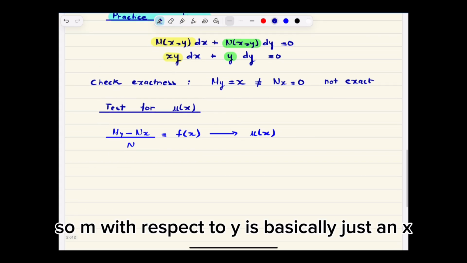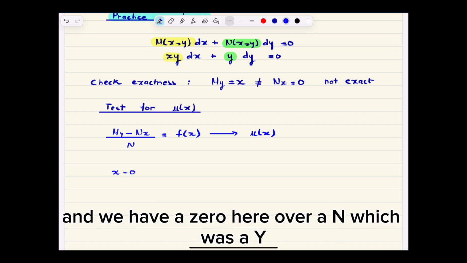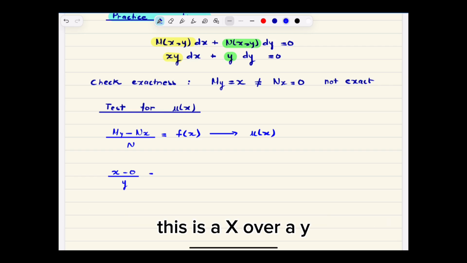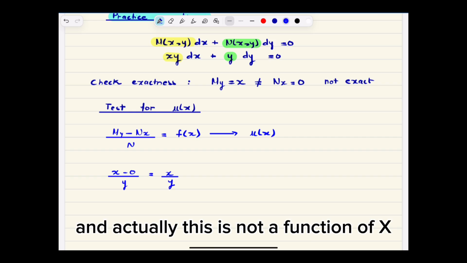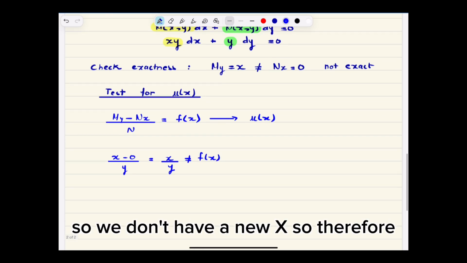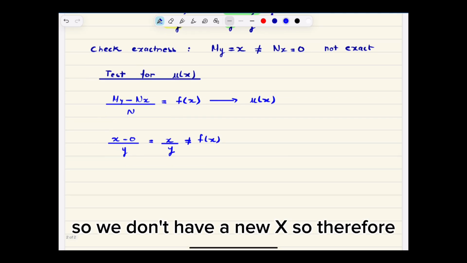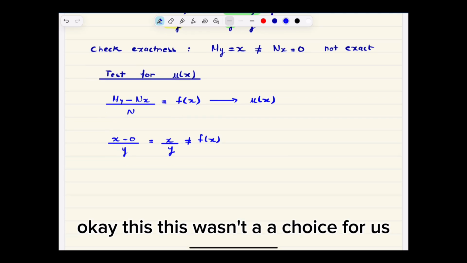M with respect to y is basically just x, and we have a 0 here over an N which was y. This is x over y, and actually this is not a function of x, so we don't have a mu(x). So this wasn't a choice for us.